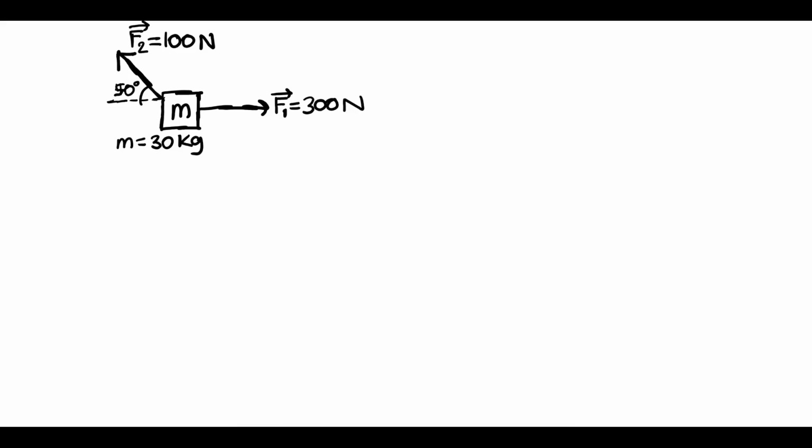More specifically, what's the acceleration and also what's the magnitude of the acceleration? Now, in situations like this one, we use components. We use the same component strategy we use in the projectile motion problems by dividing each vector into components and then taking those parts independently. So we know that F1 is directly pointing to the right.